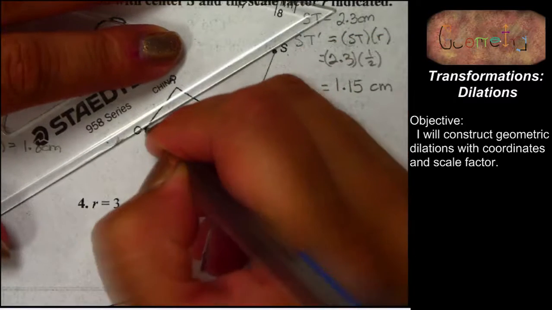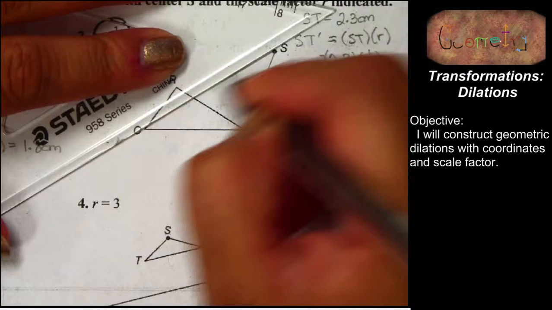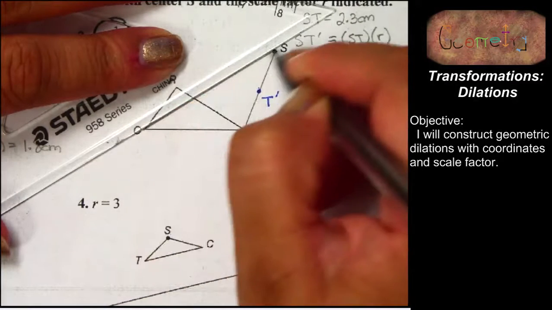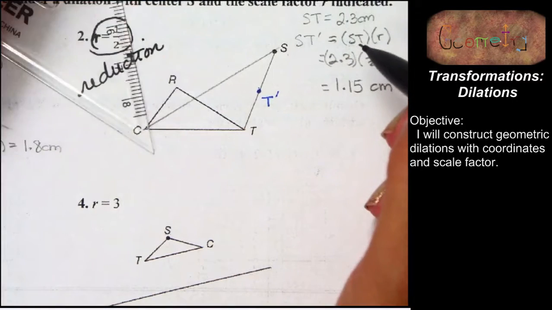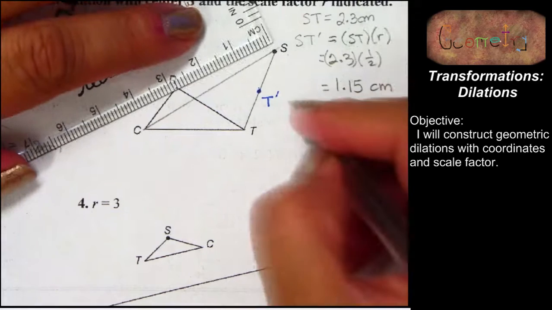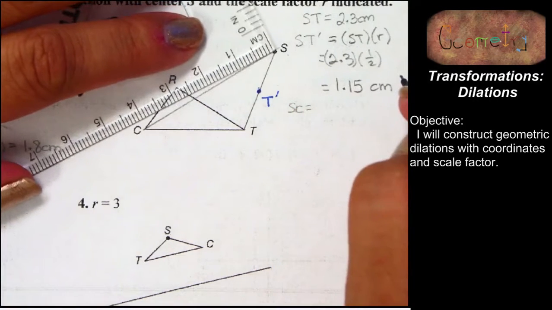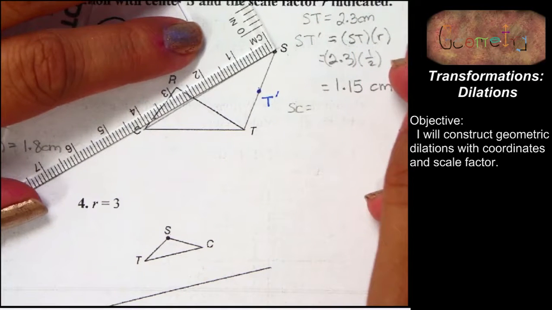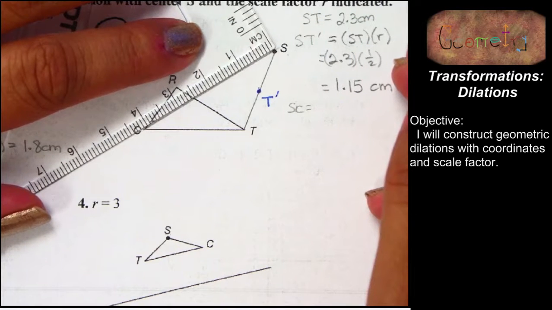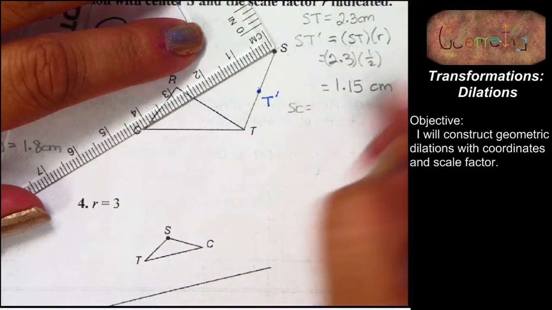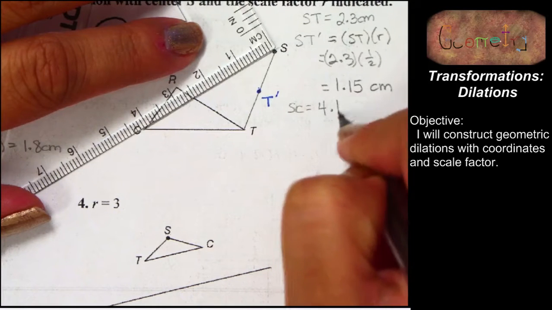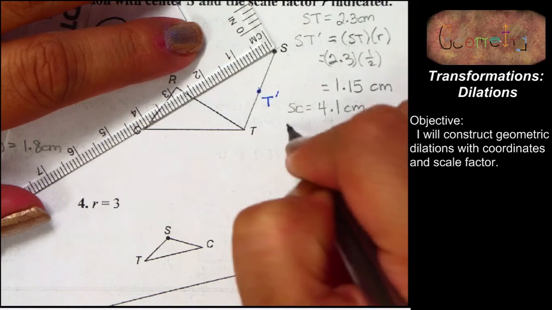From center of dilation to vertex, I'm going to dilate C next. There's my guide. I need to find the distance between S and C. I'm measuring 4.1. You may measure something different, and that's okay.